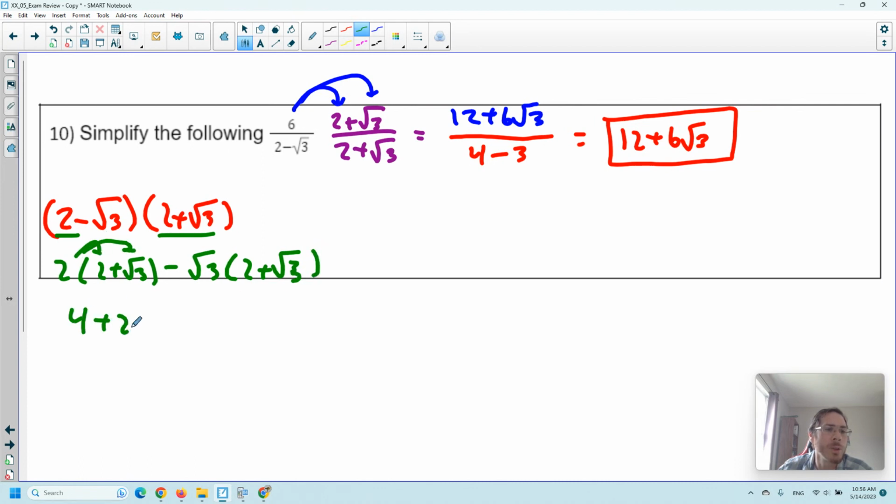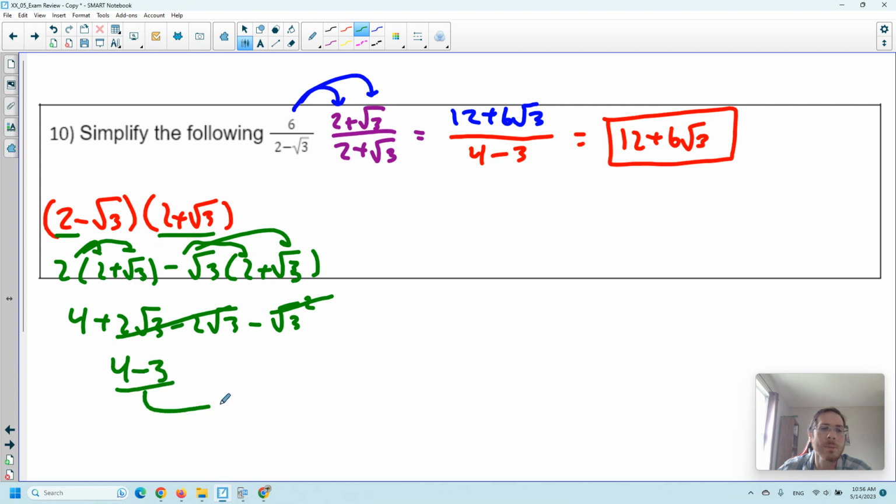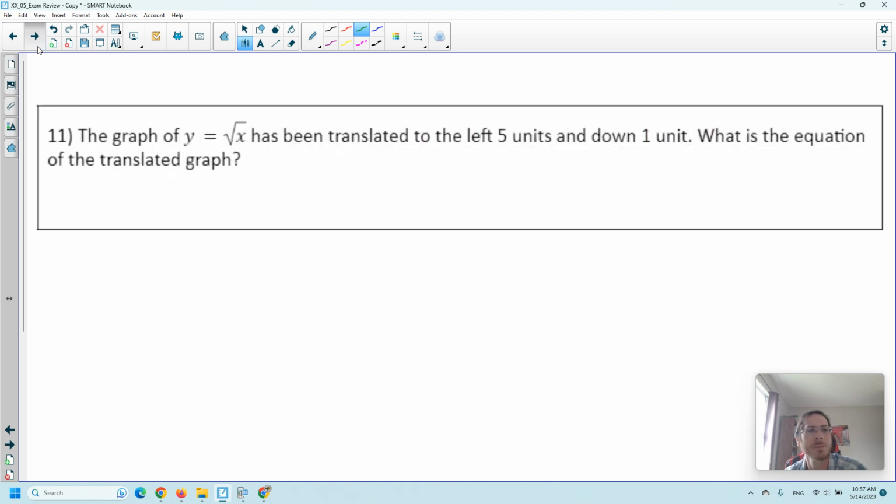So 4 plus 2 radical 3 minus 2 radical 3 minus radical 3 squared. Those will cancel. Square root and squared cancel. And that gives us the 4 minus 3 that we have right there. So again, if we want to go the long way, you can. Not really anything you can do on the calculator on this one either. So that's all we got for 10.